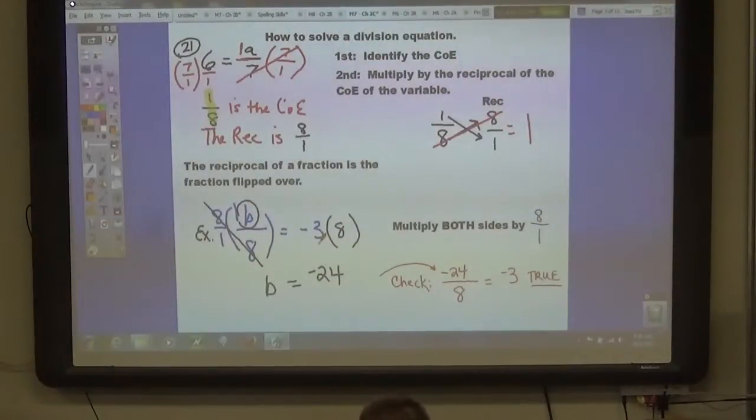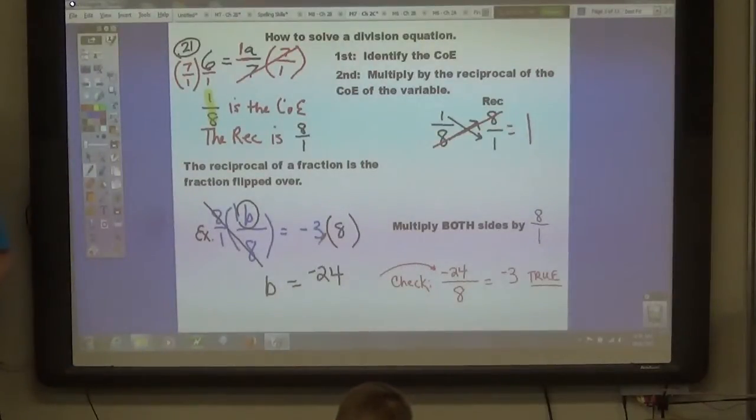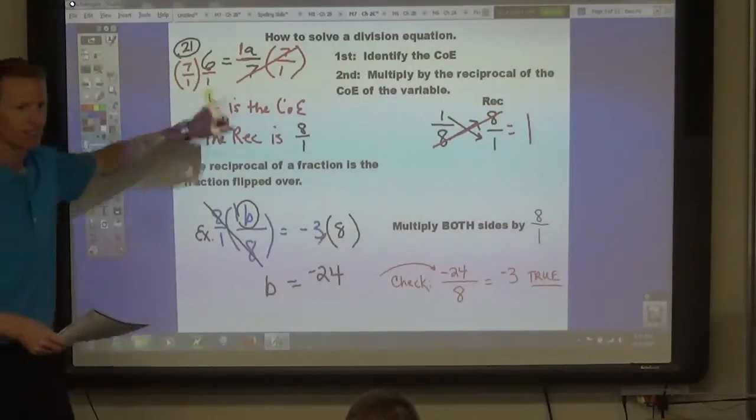Class. Stay with me. What's number 7? Somebody read the equation. A divided by 7 equals 6. Do you recognize that equation? You should. It's the same as number 21 right here.